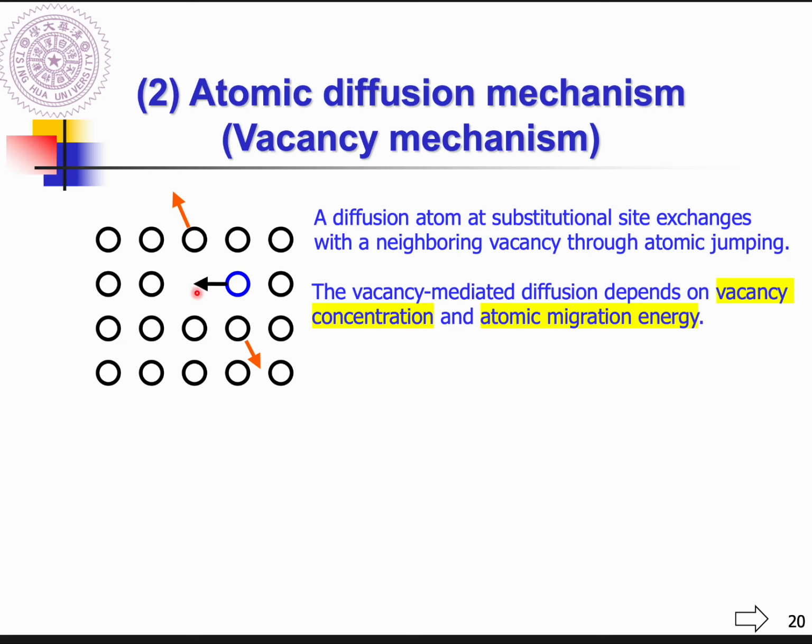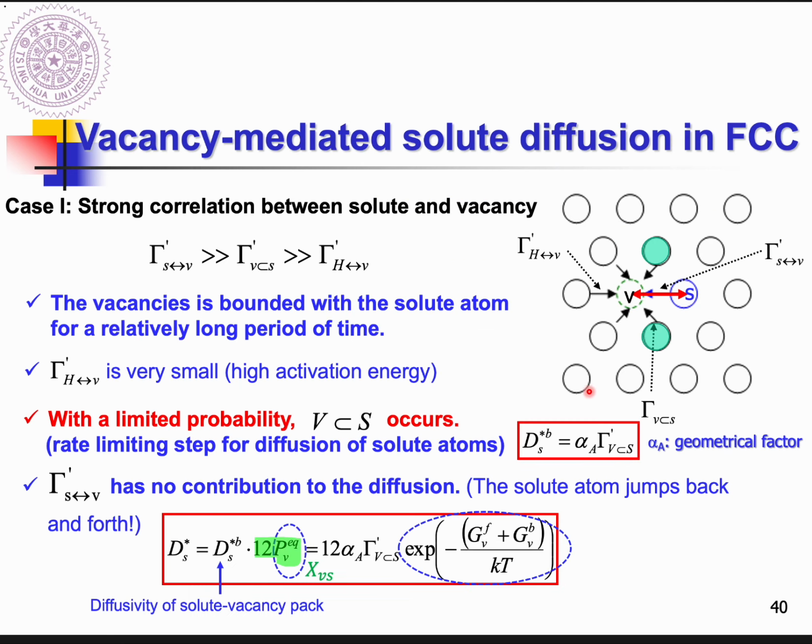There is no other chance. But for the one we just talked about, the vacancy can show up at 12 different locations due to the very fast location exchange. So this increases the probability that allows the solute to diffuse. So we need to times 12.